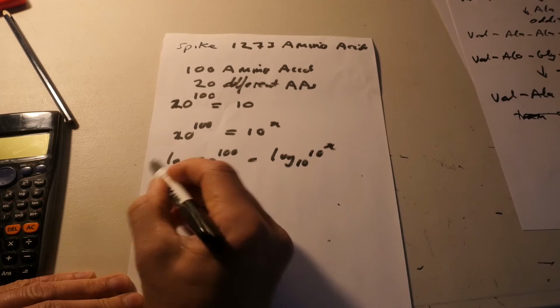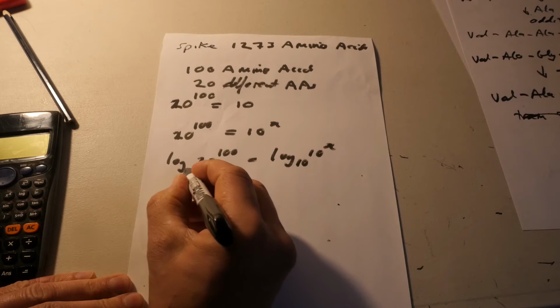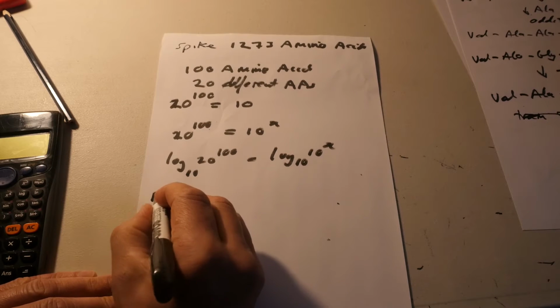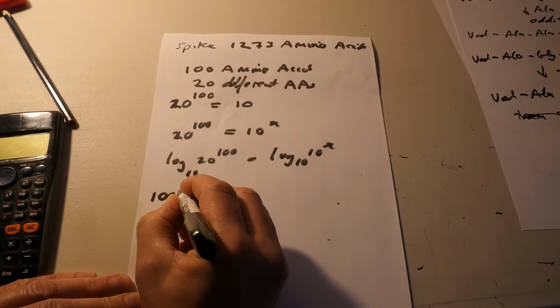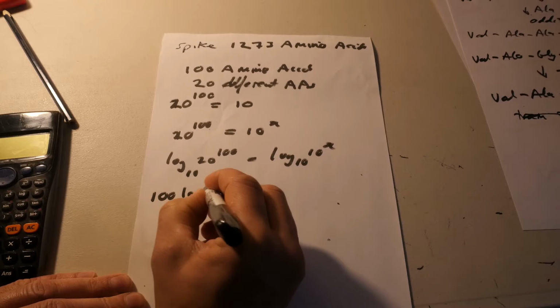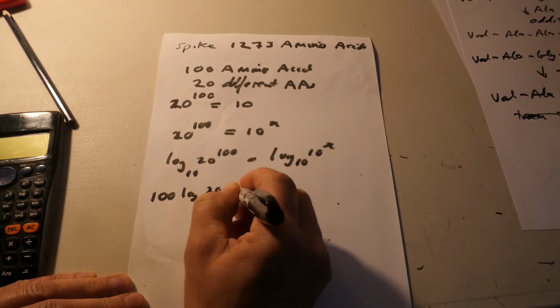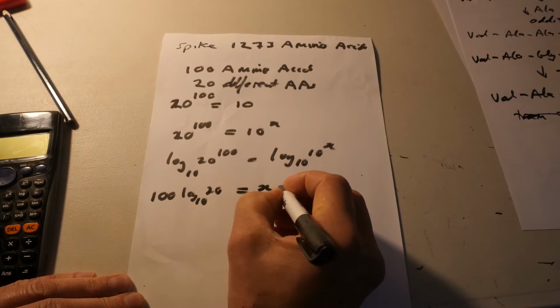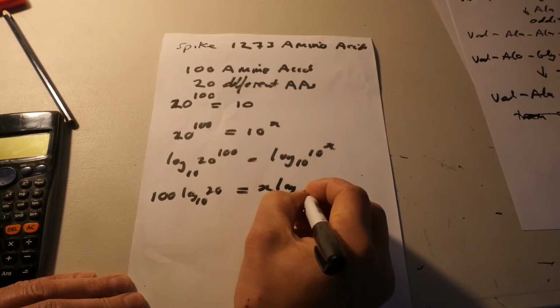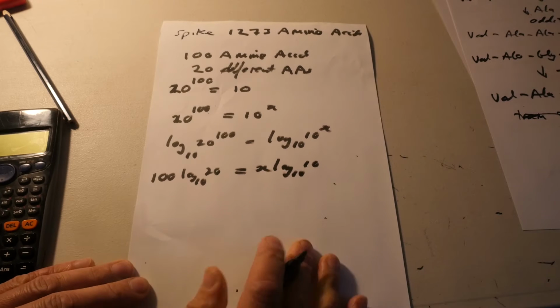Log rules state that the 100 comes down, so 100 log base 10 of 20 equals x log base 10 of 10, okay?